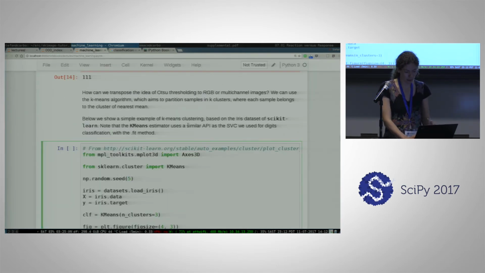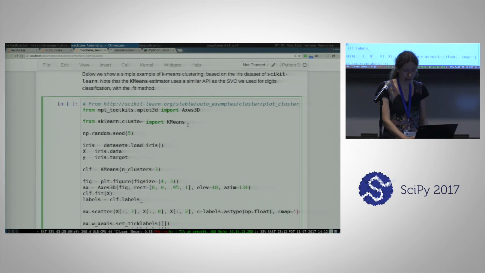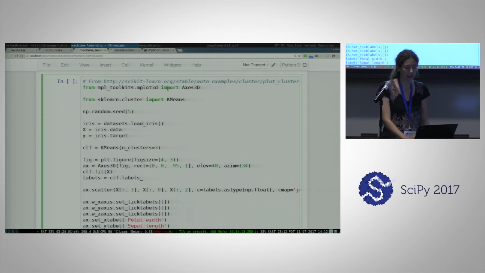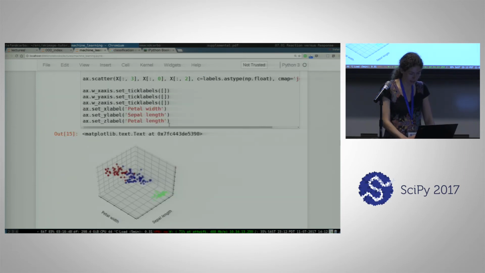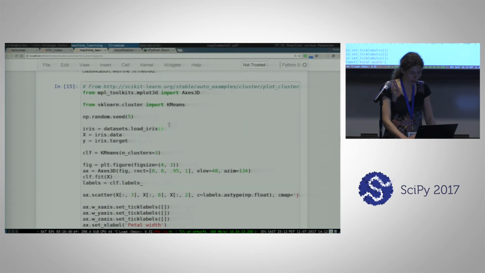So before doing any image processing with the k-means, I just copied here an example from the scikit-learn documentation, which is a very simple example of k-means. So let me just execute it, and then I'll go through the code. So I import this estimator.